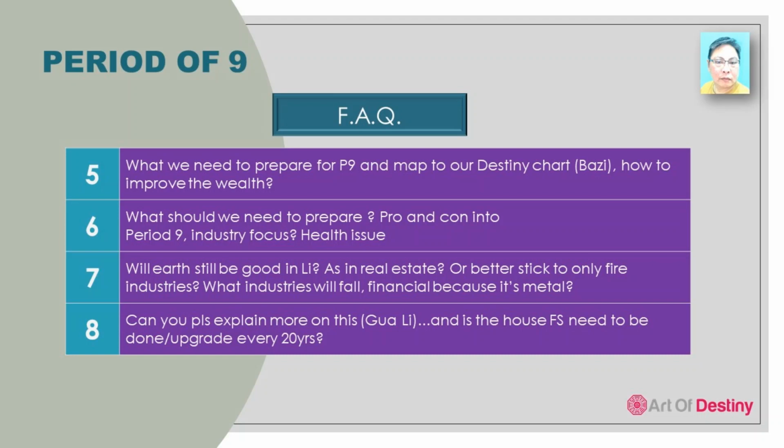So question number 6: what should we need to prepare? Pros and cons in period 9, industry focus, health issues. Well, if you have gone through what I've just told you earlier, naturally we are not focused on industry. As long as your good energy is there, you get into any industry, you still will find your niche within that industry. Health issues, yeah, as I said, you've got to get your house map out, right?